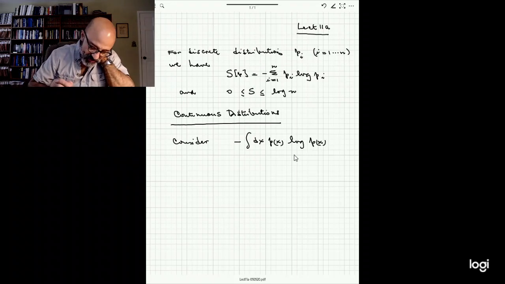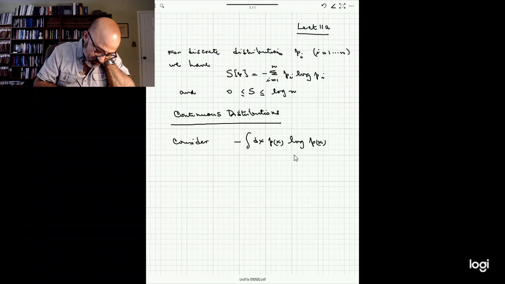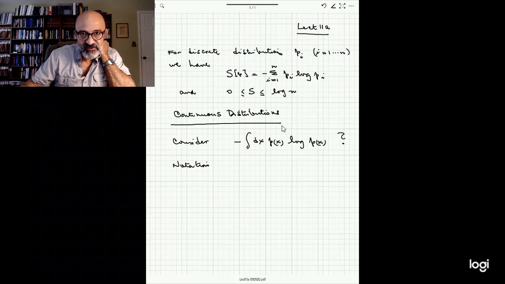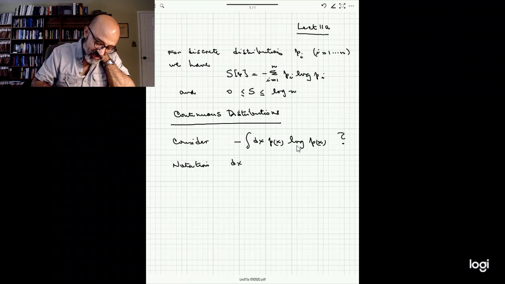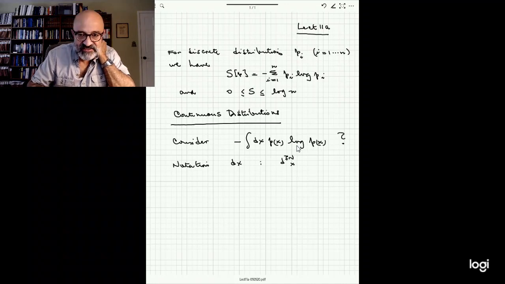First remark to be made here, questions of notation. Our goal is going to be to figure out: does this work? When does it work? What are we doing? Notation: by dx, what we mean is d^n x, some number of dimensions. It could be d^3 x, whatever.